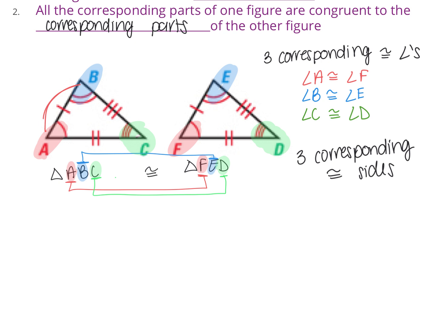From A to B, F to E, it has 1 tick mark. Segment AB is congruent to segment FE. Yes, you can flip these around and say BA and EF. Then I have BC and DE.